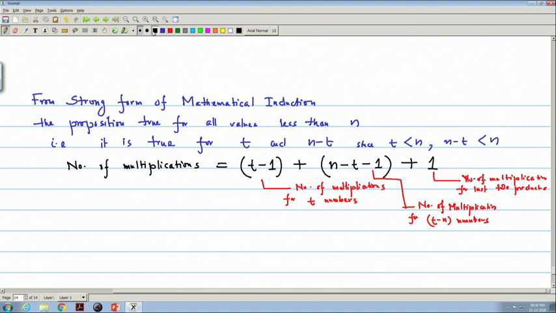So, this becomes n minus 1. So, it is proved.